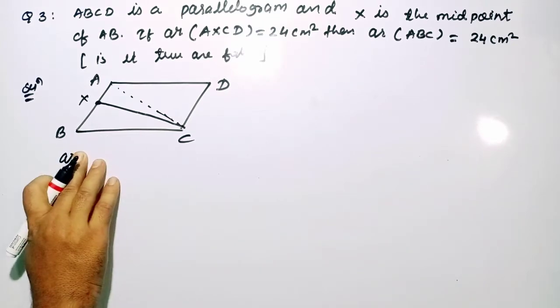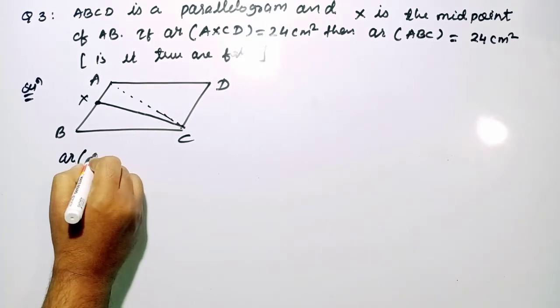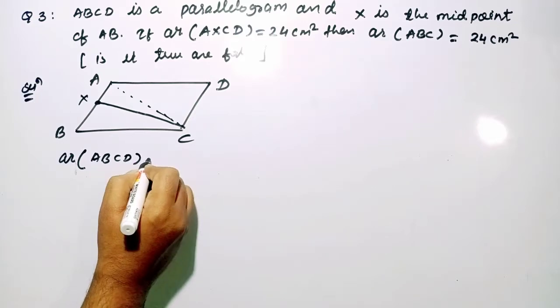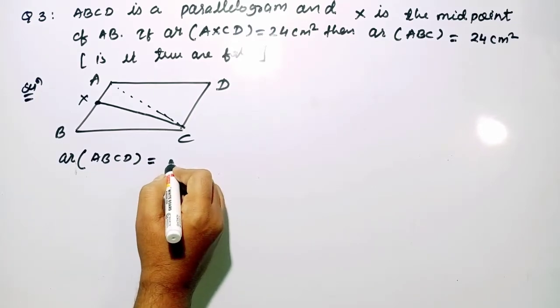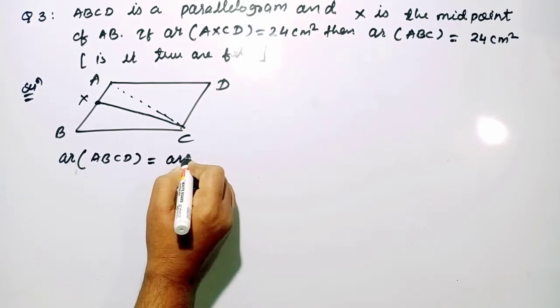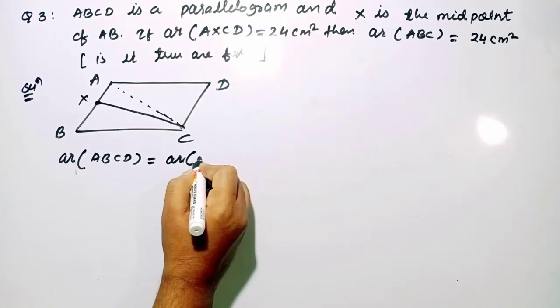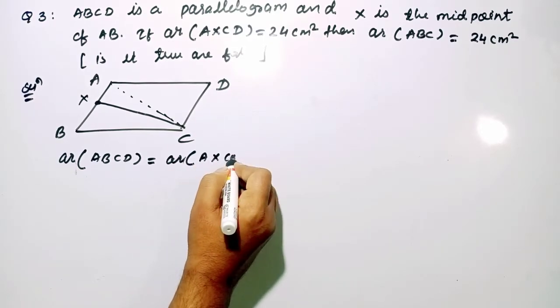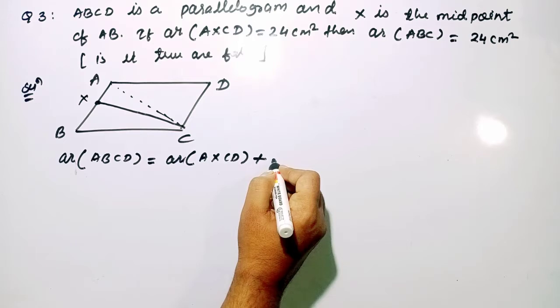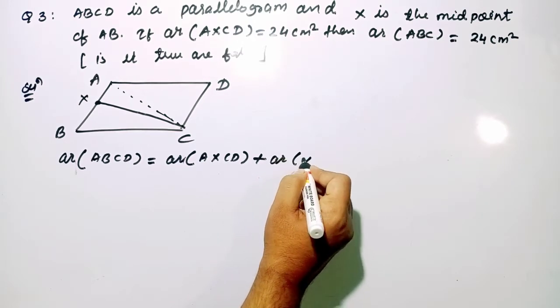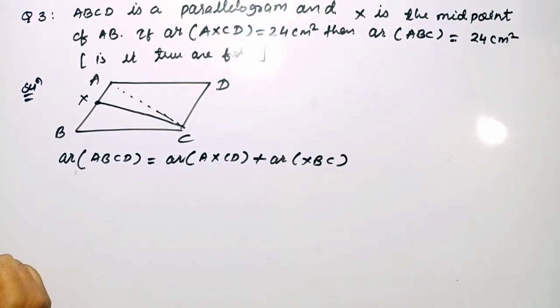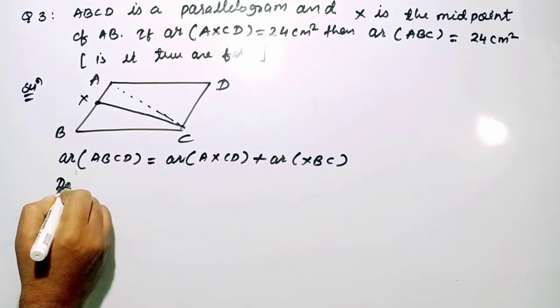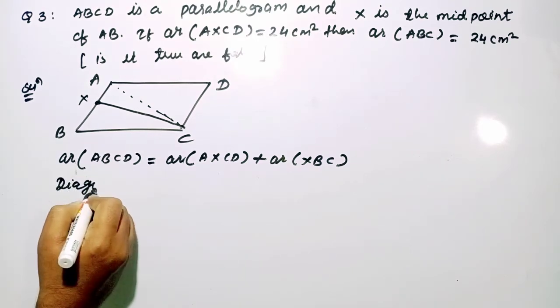So here the area of ABCD is the area of AXCD plus the area of XBC, because ABCD is divided into these two parts.